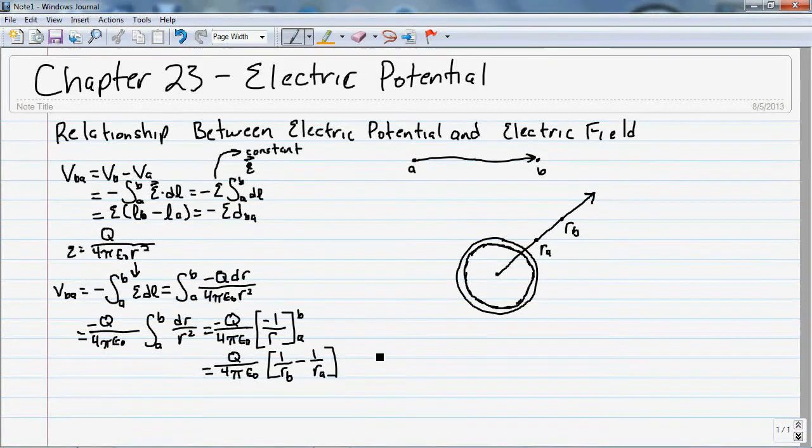So for R greater than R naught, if I make my potential at point B equal 0 at RB equal to infinity, then that's going to make my potential equal to q over 4 pi epsilon naught r.